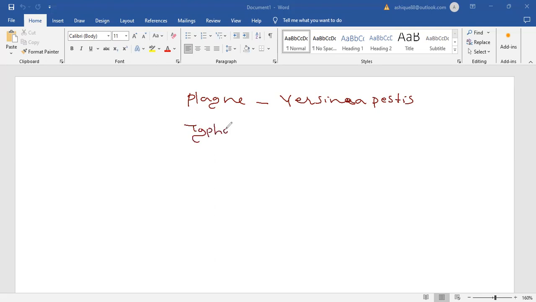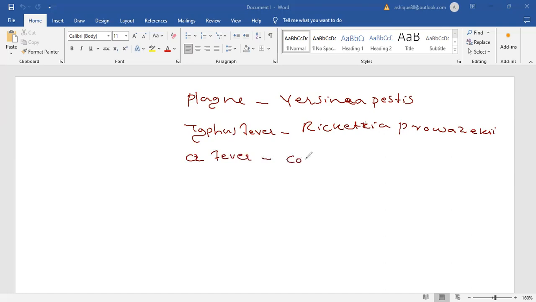Typhoid, you may know very well. Typhus fever is caused by Rickettsia. Q fever is caused by Coxiella burnetii.